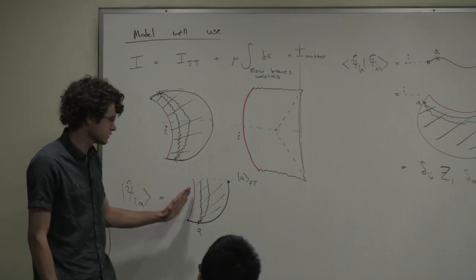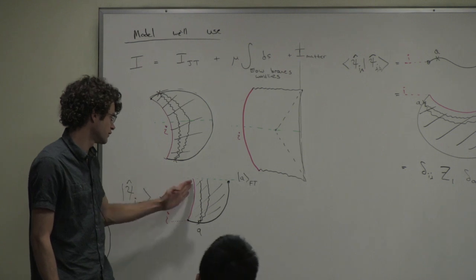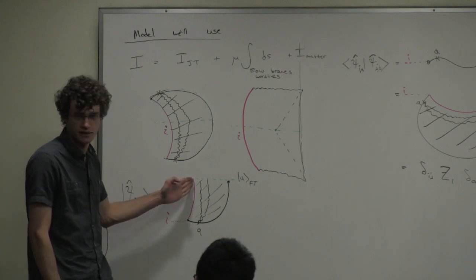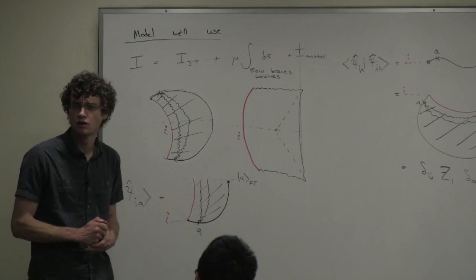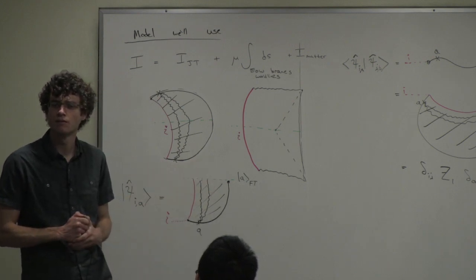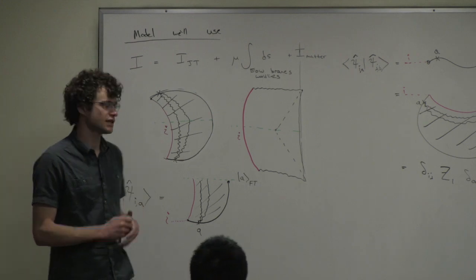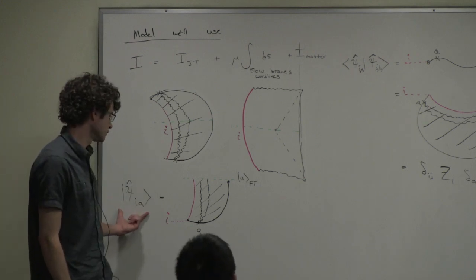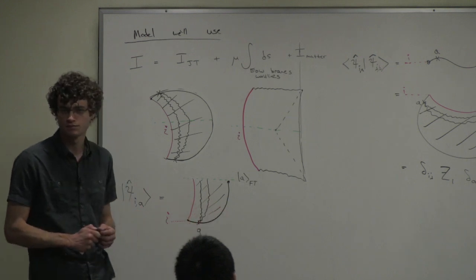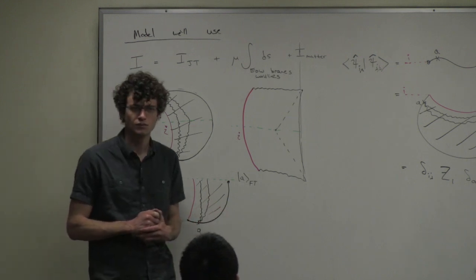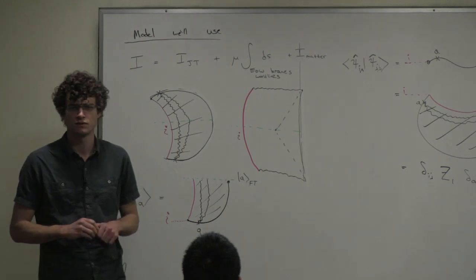So the bulk has a description. Right, in the bulk you have an end of the world brane here, it can be in one of many different states, and the field theory over here could also be in one of many different states. And it will be important that factorization is not exact? It's important that these states are not orthogonal, even though they're orthogonal in this approximation. Other questions?